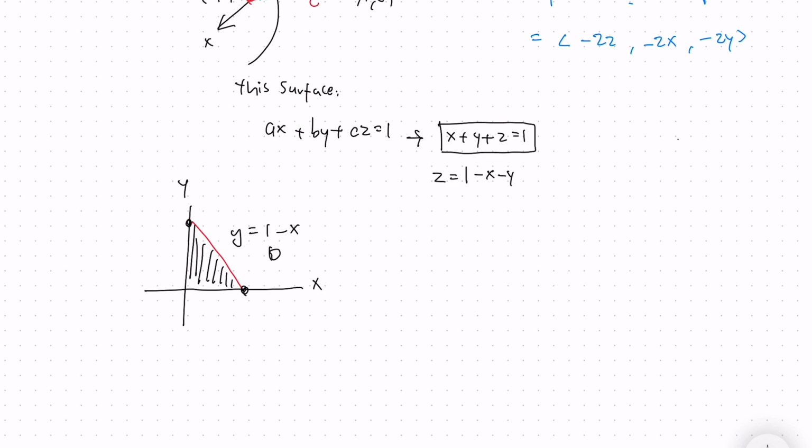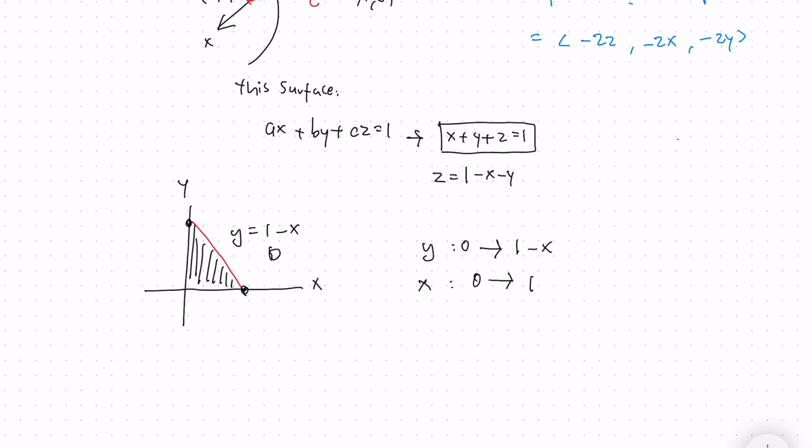Then y equals 1 minus x, because again we have 1 and 1 here. So y varies from 0 to 1 minus x, and then x varies from 0 to 1.